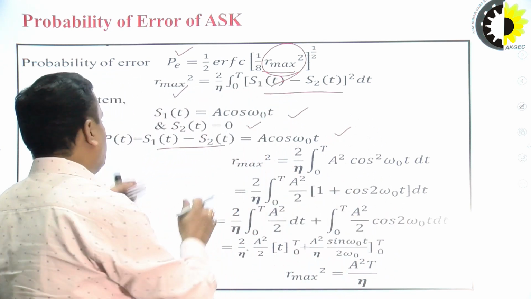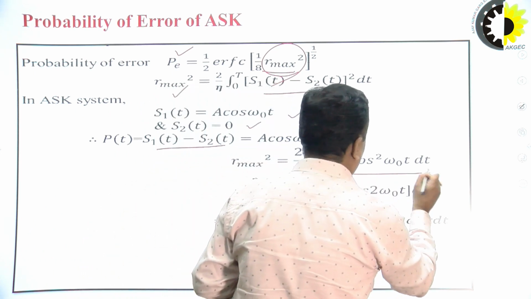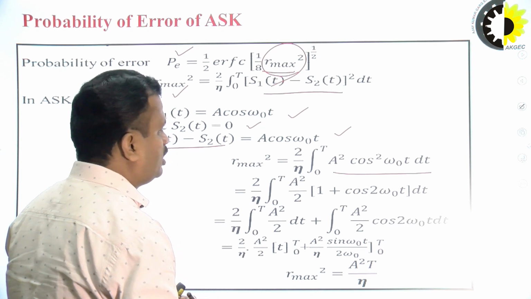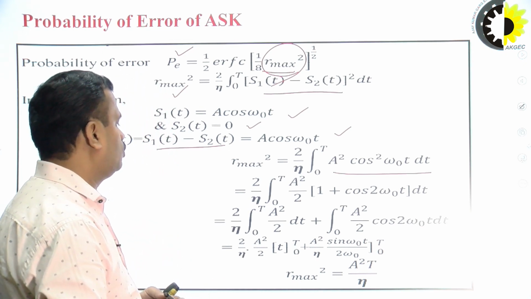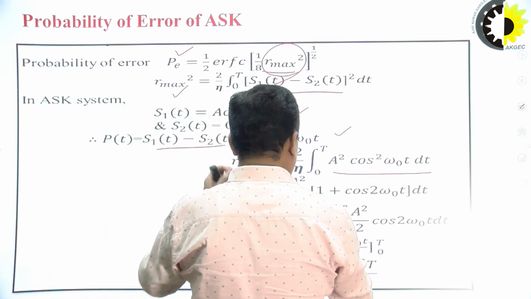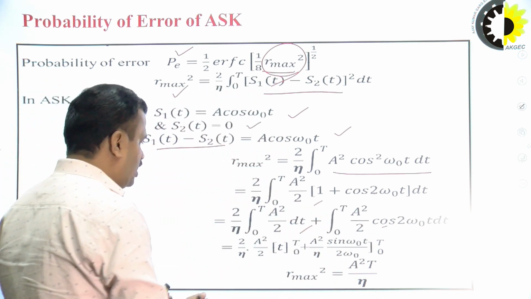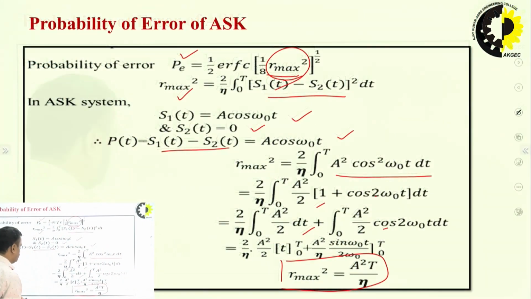Now I put these values in R maximum squared: 2 upon eta times the integral of A squared cos squared omega 0 t dt. We know cos squared omega 0 t is equal to (1 plus cos 2 omega 0 t) upon 2. So I put that in, integrate the two terms, and get R maximum squared equal to A squared T upon eta.